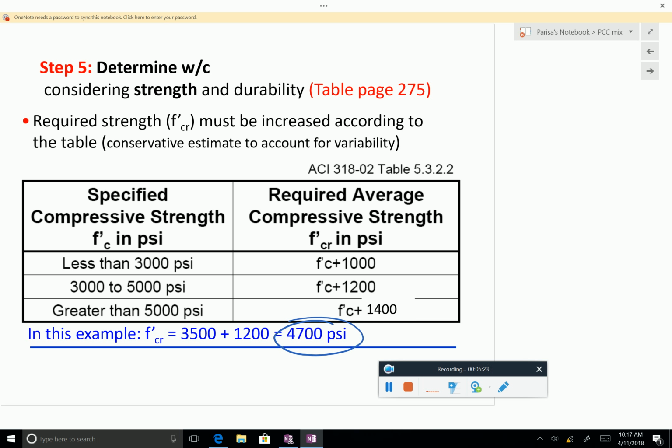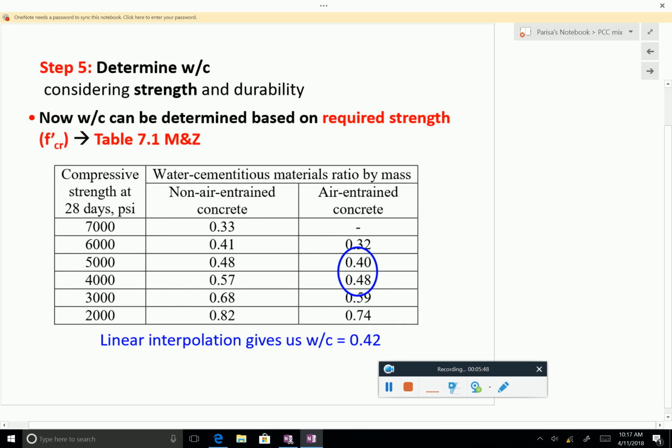And again, make sure you understand why we are doing it. We are doing this to make sure that most of our material has a strength equal to 3,500 or greater. You don't want to go with 50% of your material weaker than the design strength. So this is the reason. Questions? So once we have this number, then we can go back to the table I showed you in the beginning.